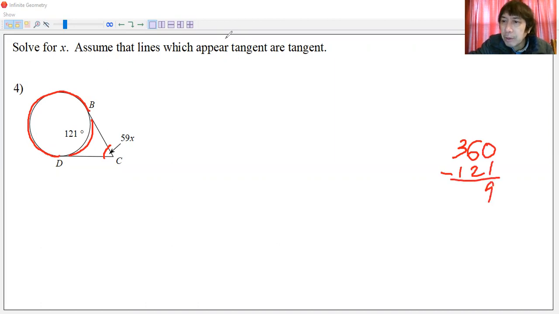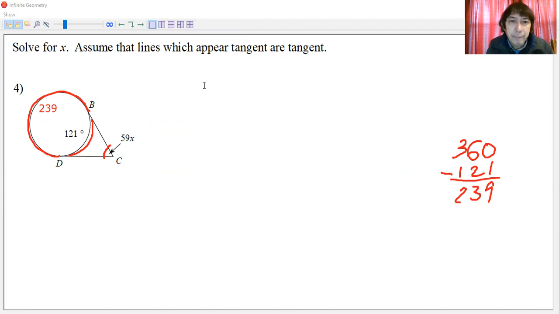So this will be a 9. This is 5 minus 2, that's 3. It's 239. Okay, so we have the bigger arc here. This is 239 degrees.